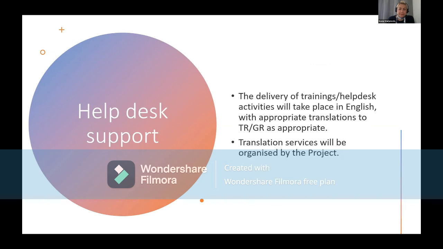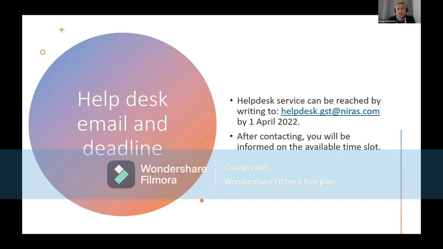Okay. The help desk is taking place in English, but if there is a need, there is a possibility to have even the translation organized by the project. We would advise you to seek the help desk support as soon as possible, but this training took place a bit later than for lot 1 and lot 2.